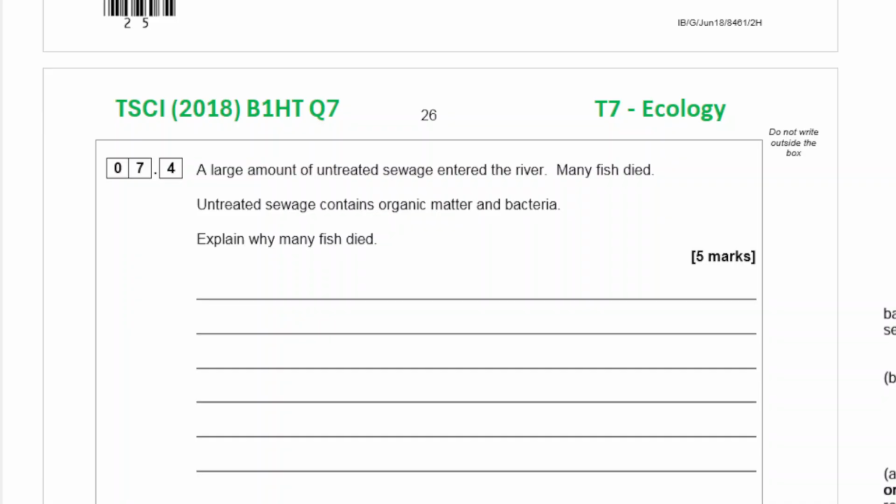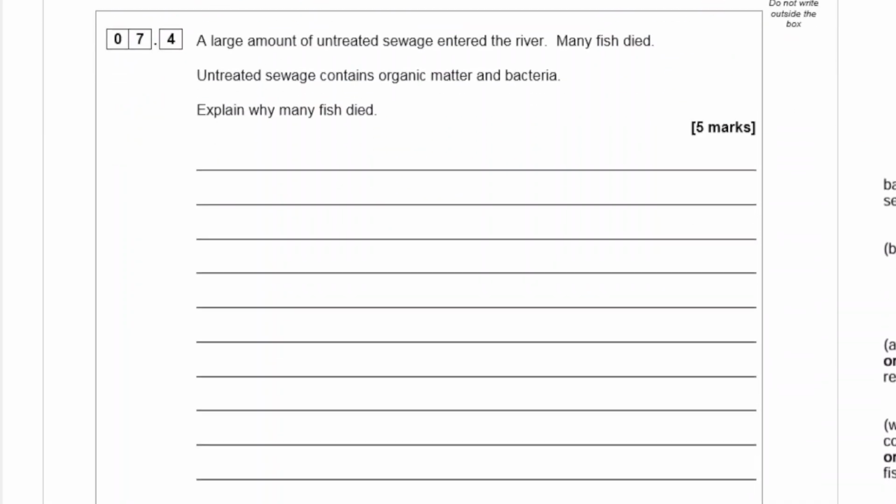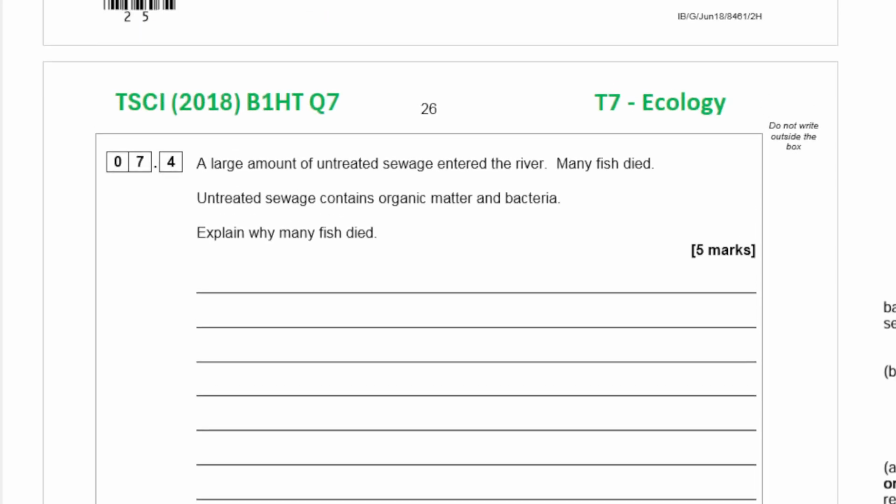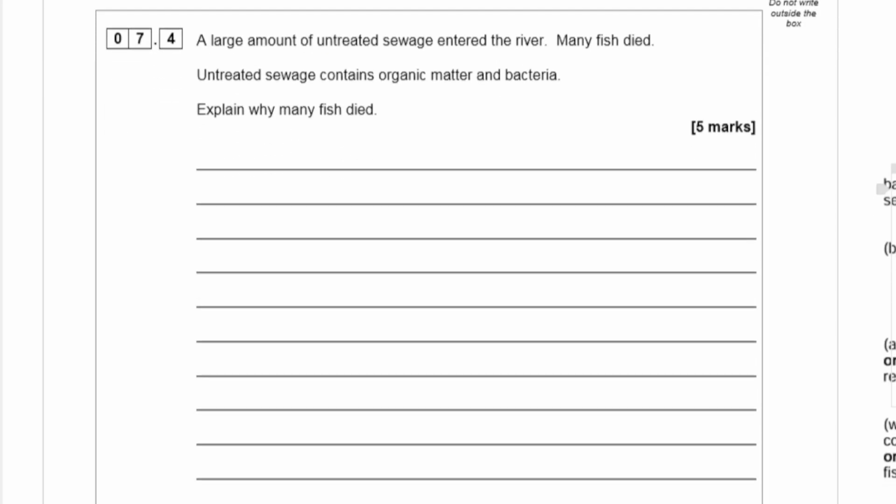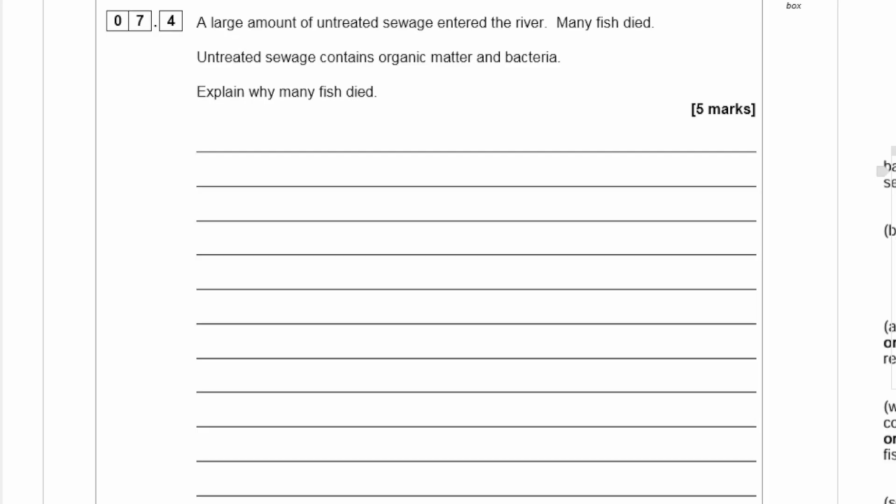Next part. A large amount of untreated sewage enters the river and many fish die. Untreated sewage contains organic matter and bacteria. Explain why many fish died. The bacteria will feed and cause decay of the organic matter.